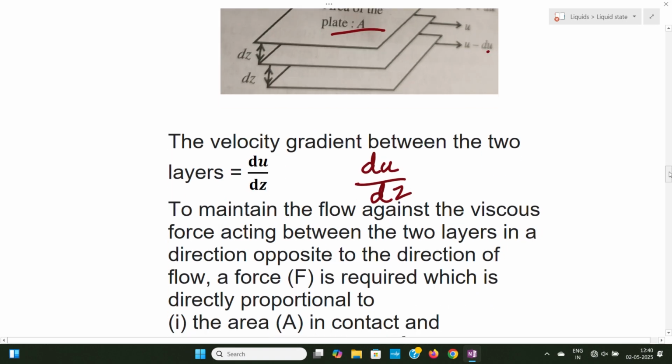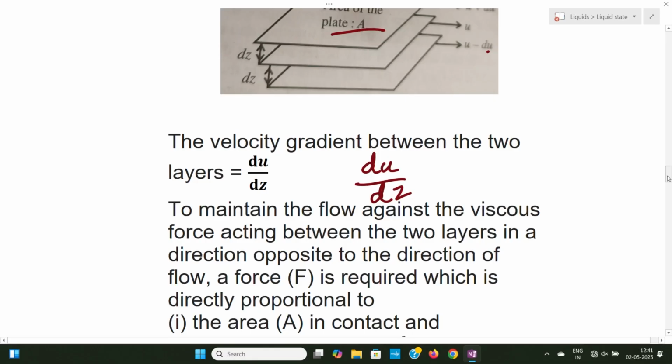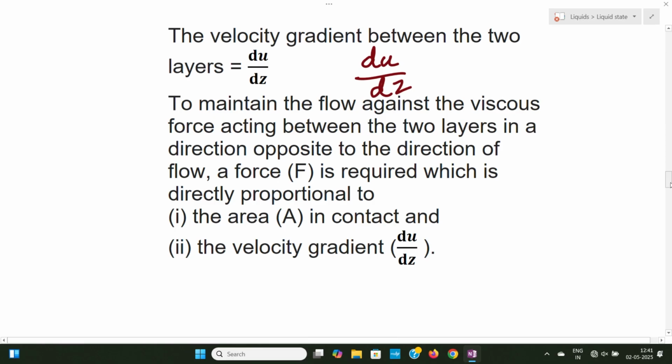So, we saw that there is a resistance to flow. When there is a resistance to flow, there will be another force acting against it. That force is directly proportional to the area in contact and the velocity gradient.